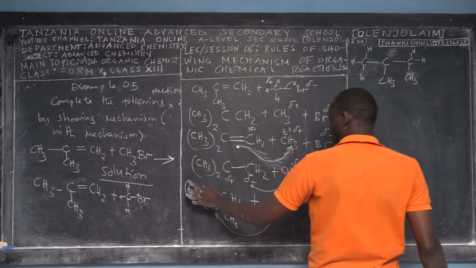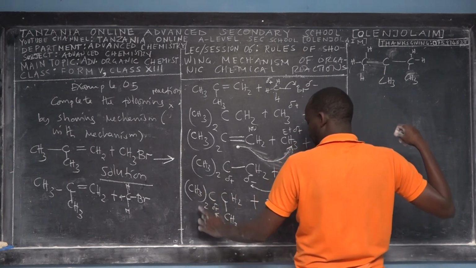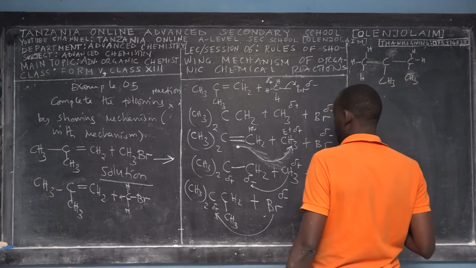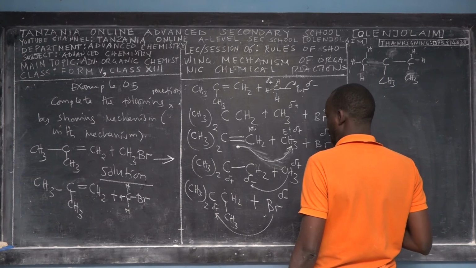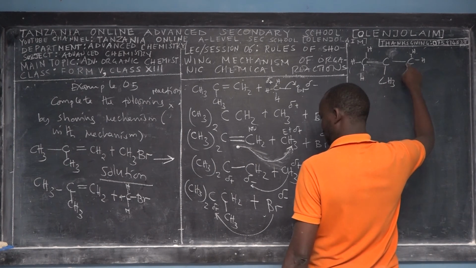So this is CH3, one of them there. And this one is CH3, 2. And this is carbon. Okay, carbon.